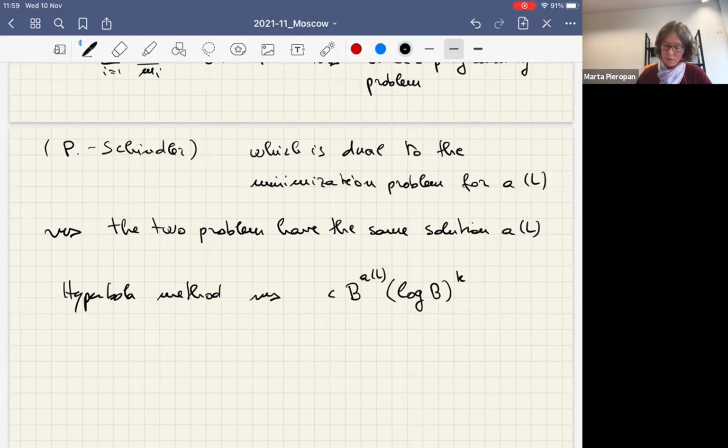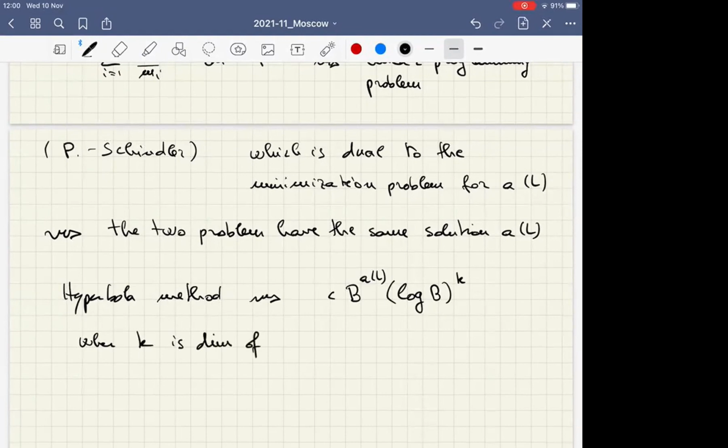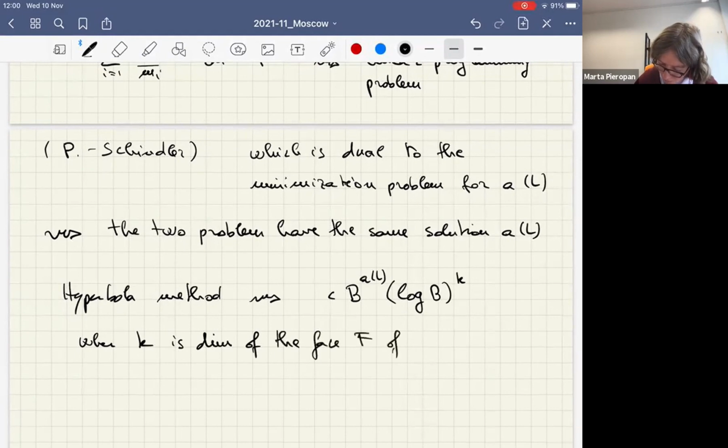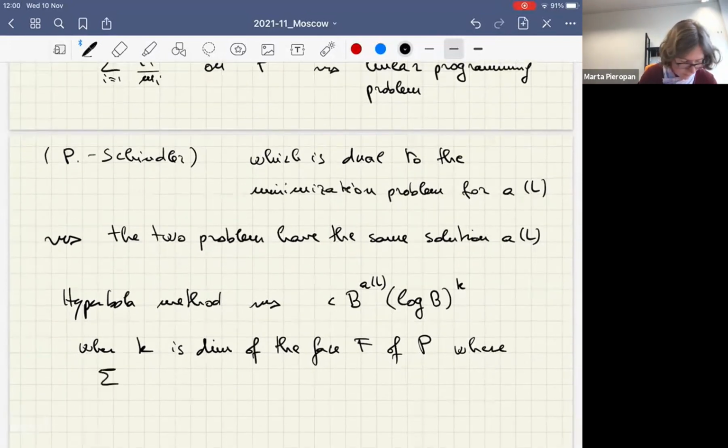And this power here, the hyperbola method tells us that k is the dimension of the face of the polytope P, where we have been doing our linear programming problem, where the function that we want to maximize has indeed the maximal value. And this is always a face of my polytope.